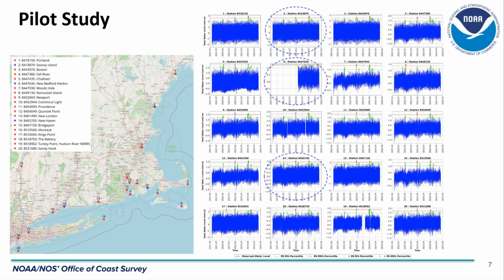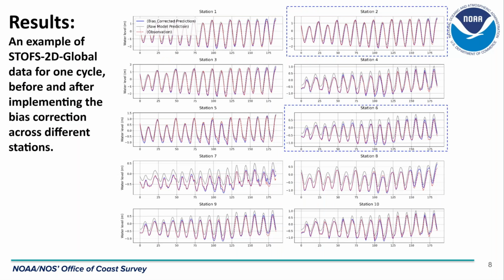For example, this is one of the results for these stations. And you can see here, this is one of the cycles of how the Stofs-3D-Global looks. The blue lines show the time series after bias correction. The gray shows the raw model output, like Stofs-3D-Global before bias correction, and the dashed red line shows the observation.